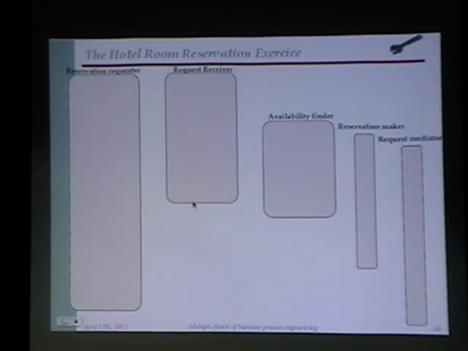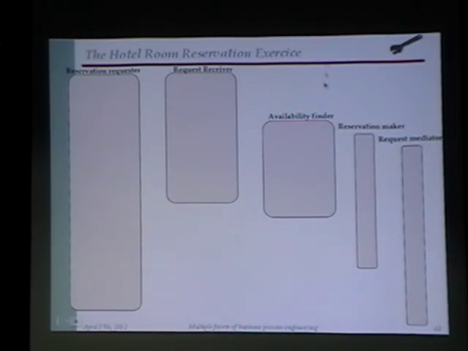So I imagine that in the company, I will have one actor which will receive the request and which will think about its receivability. We should work on it or not. Another actor which is supposed to find the availability, a room or some rooms available.